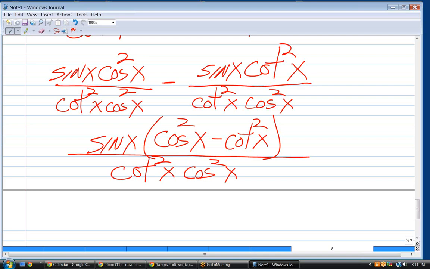Well, cotangent squared, let's convert everything to sines and cosines and see what we've got. This is already sine, that's already cosine. Let's convert cotangent squared to sines and cosines. What's that equal to? Cosine squared over sine squared.